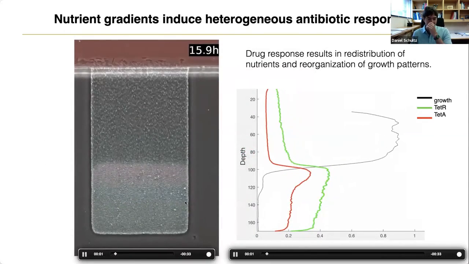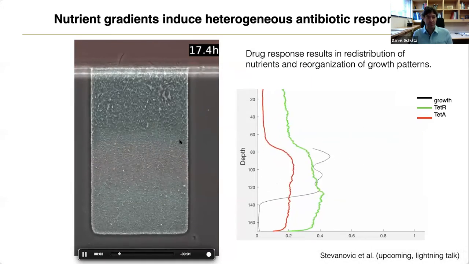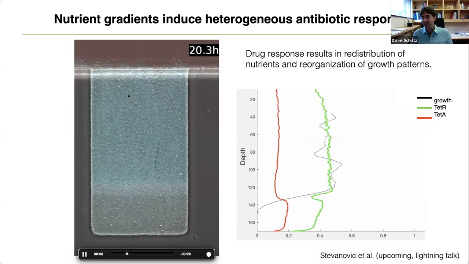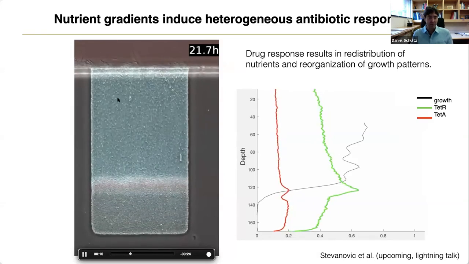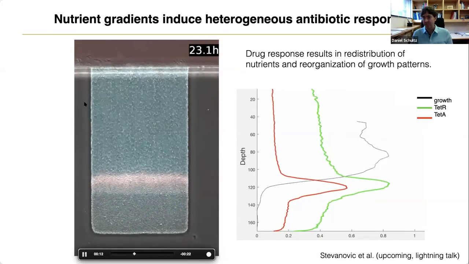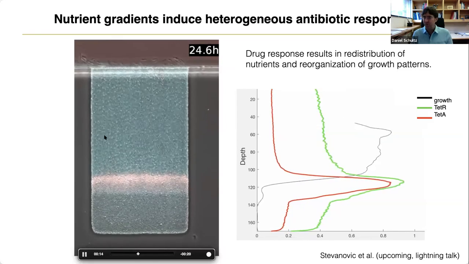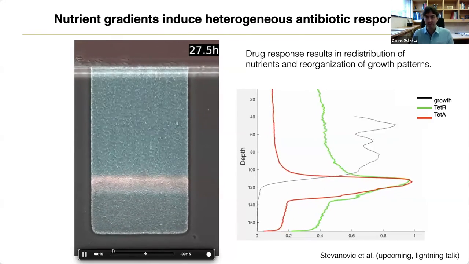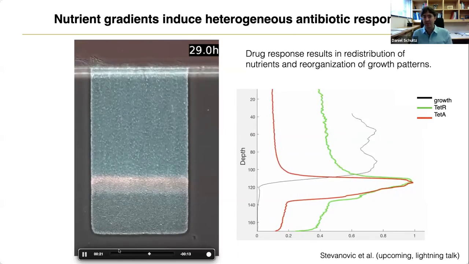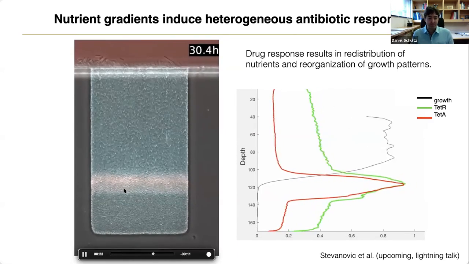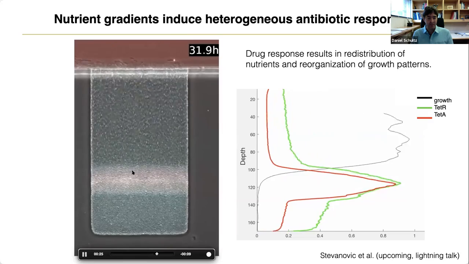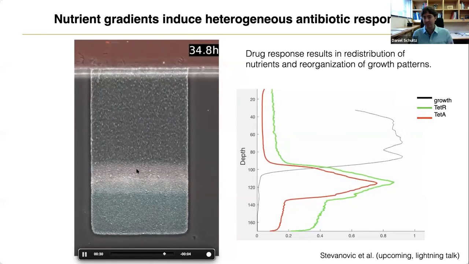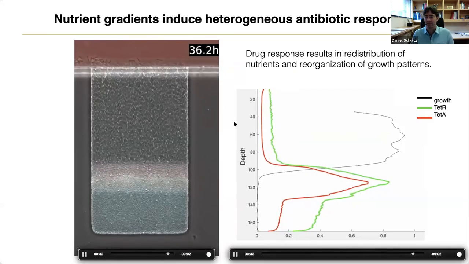So this is what happens when you expose this colony to drug at the top. As you expose these cells to tetracycline, they reduce the growth of the cells at the top, and then more food becomes available to the cells at the bottom. So basically they reactivate these cells further down the trap. And then during the response, these slow-growing cells around the boundary end up overexpressing resistance, just like we saw in the previous experiments.